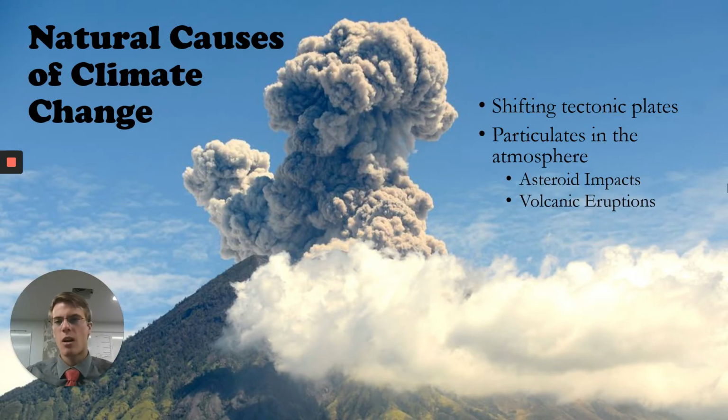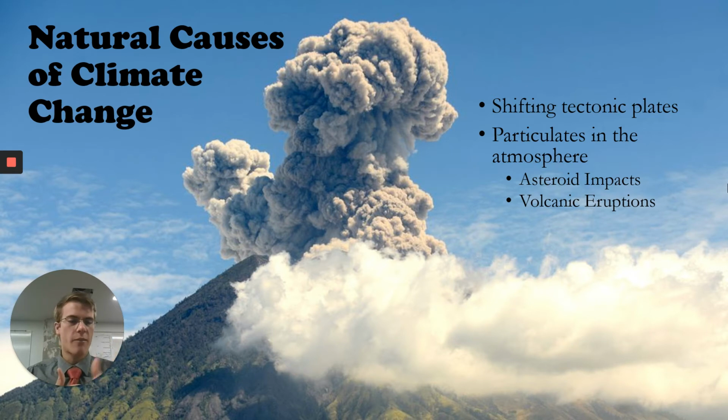There's some other natural causes of climate change that aren't necessarily patterns. So the shifting of tectonic plates, this is a big one. Essentially, when the Earth first evolved, it was in one landmass called Pangaea. And as the tectonic plates in the Earth have shifted, we've got different continents.